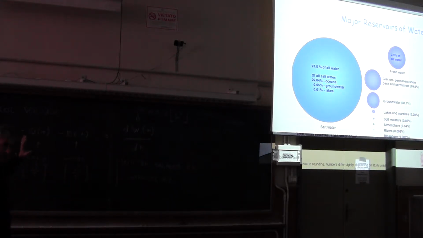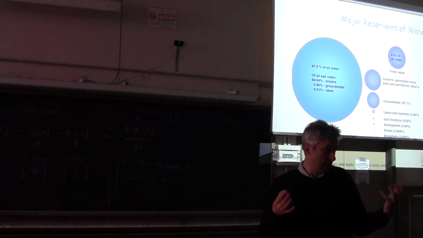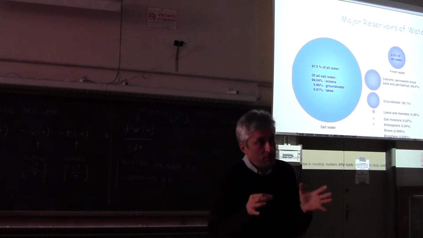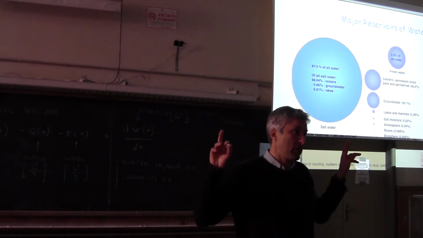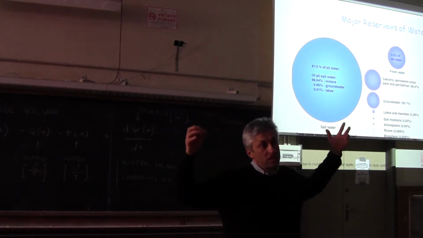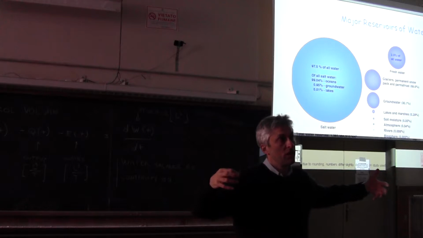balance equation. Why this? Because when you deal with science, and hydrology is a science, you have to adopt basic principles to build your theory. So when people launched hydrology, why did they do so?